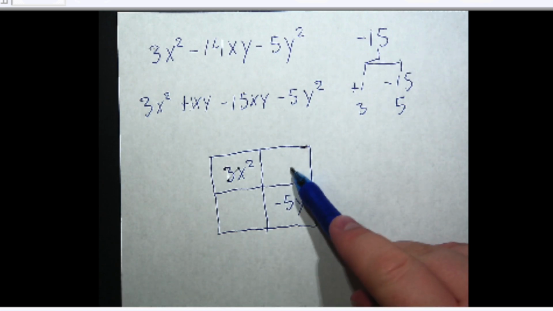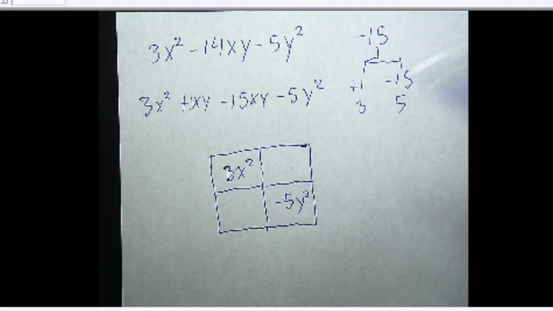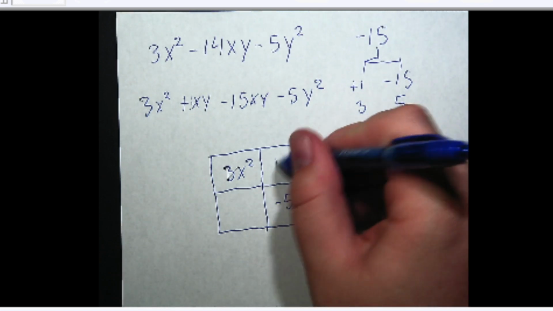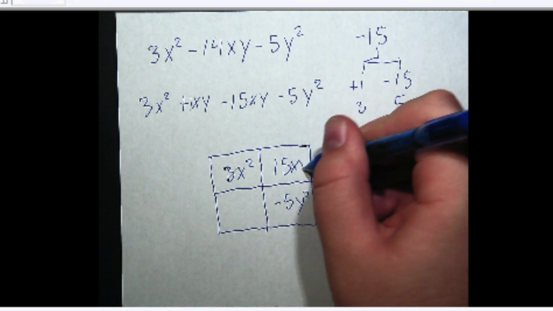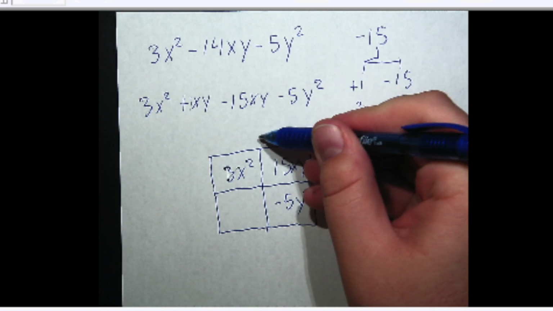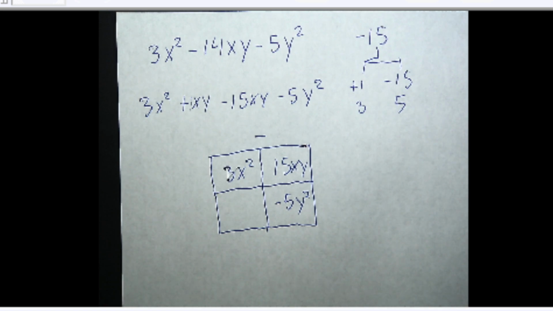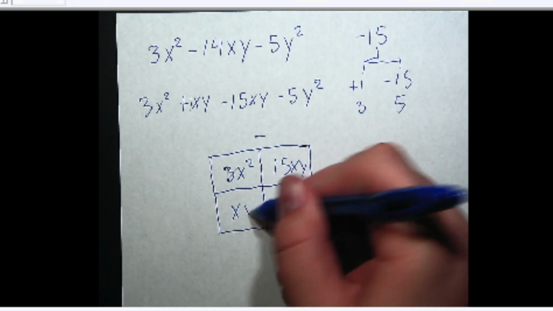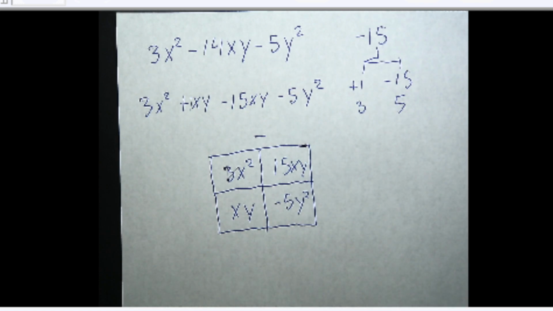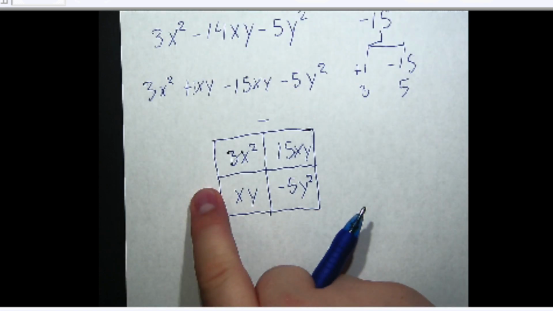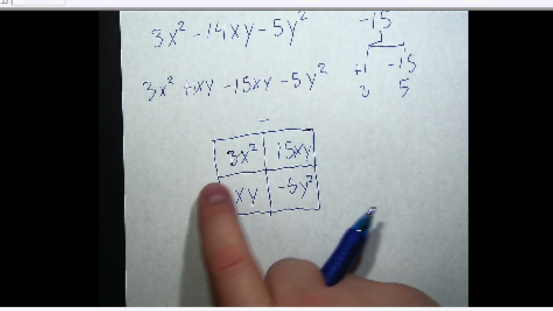What do we want to put here? Negative 15xy? Okay. Now if we put that here, what goes up on top here? Negative. Good, because that 15 is negative. Alright, well, only one place to put the xy. But what comes out to the side here then? Positive. Good.